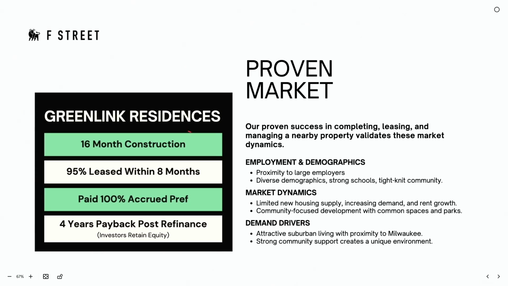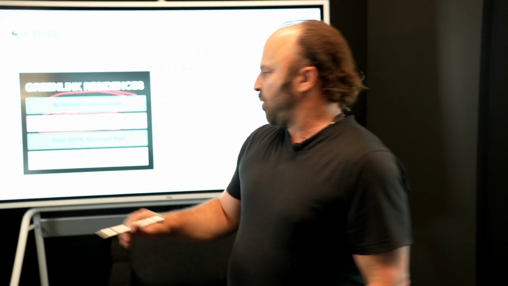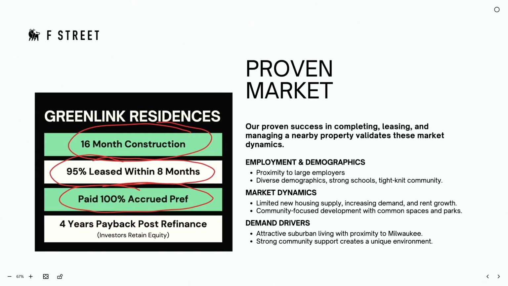So we had a 16-month construction. We were 95% leased within 8 months of completion of that 16-month construction. So think about that. 16 months, 8 months after that, 24 months, we were 95% leased, okay? We paid 100% of the accrued preferred.